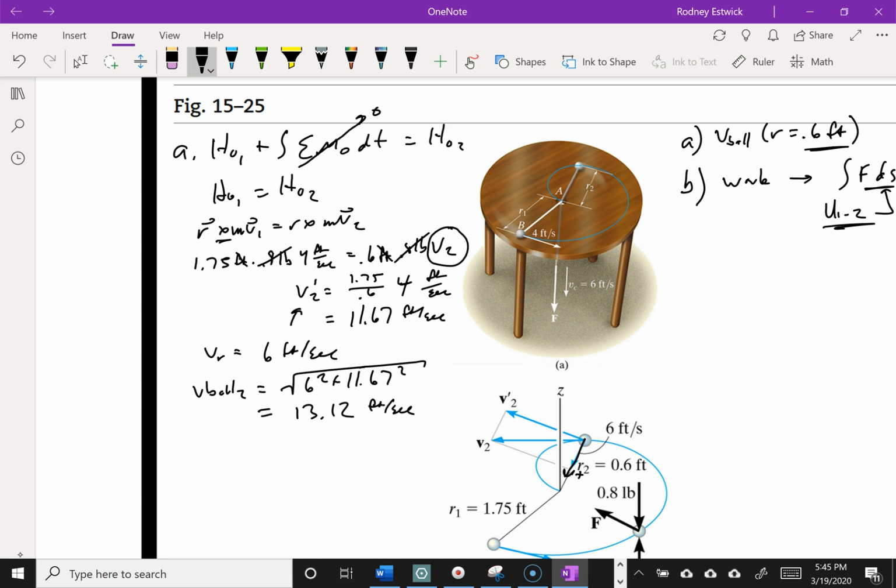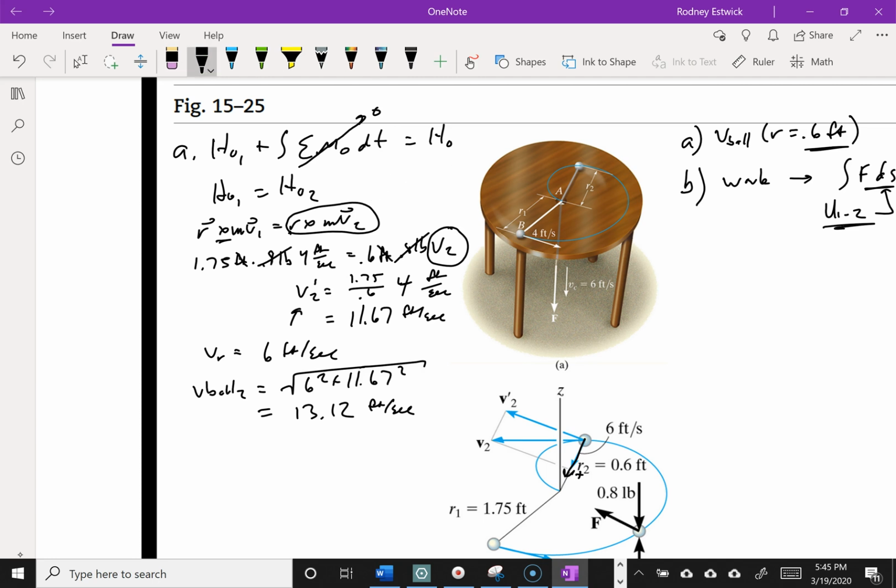So I kind of glossed over it, but R cross mv2 could also be written as R m v2 sine theta, and so we could have done this using trig, although finding that angle would have been challenging.